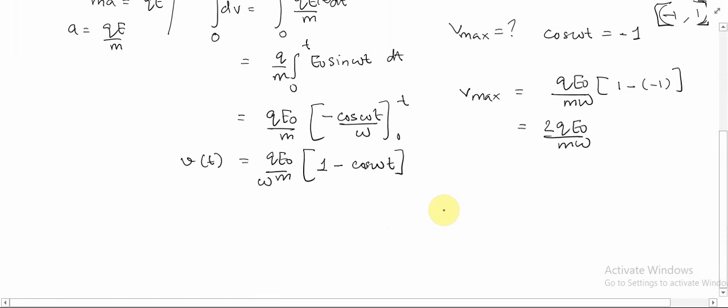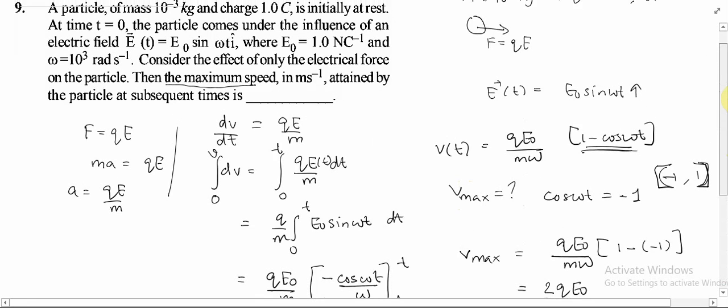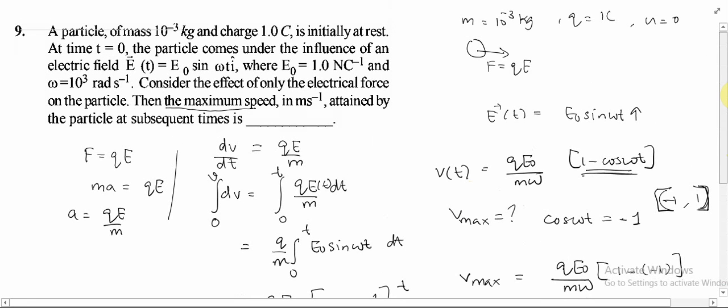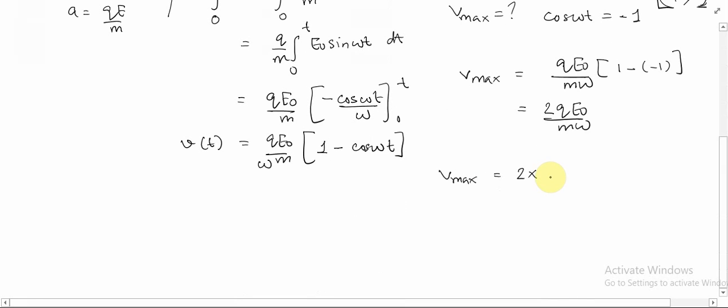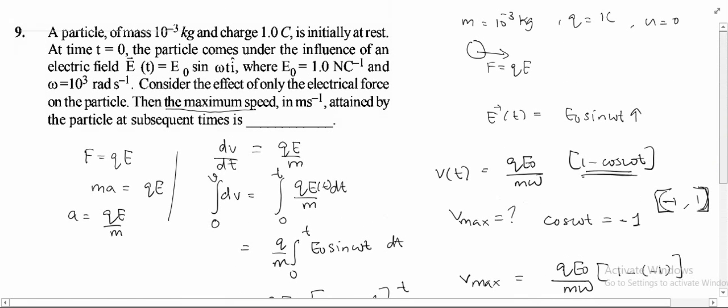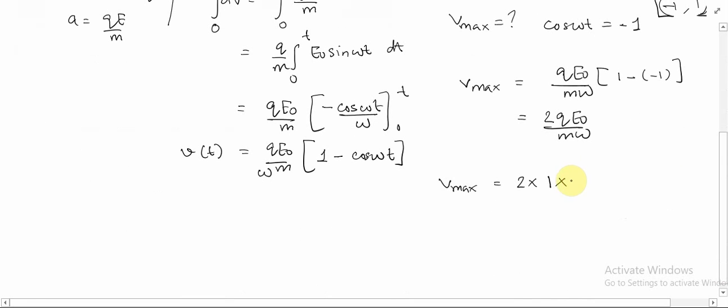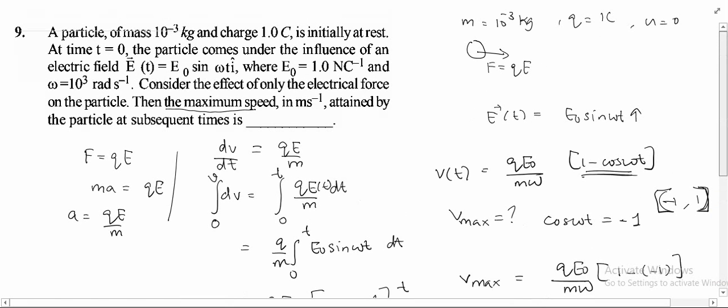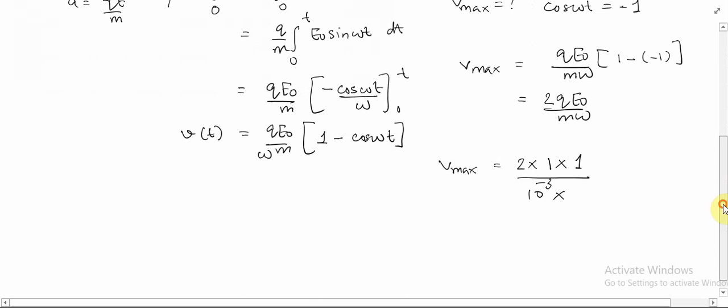So our V max will be 2 into the charge, which is given as 1 coulomb, into E0, which is 1 newton per coulomb, divided by the mass, 10^-3, into ω, which is 10^3 radian per second.